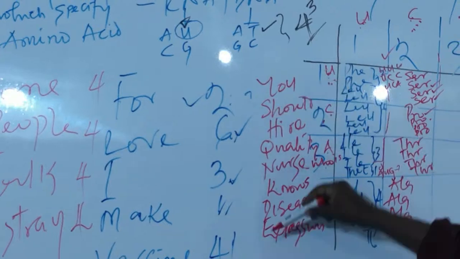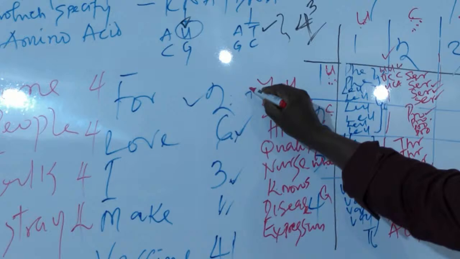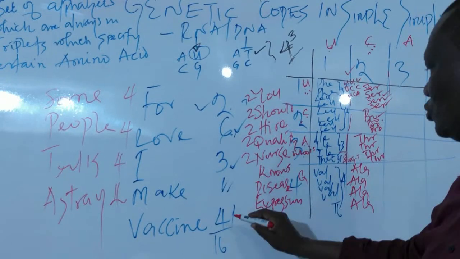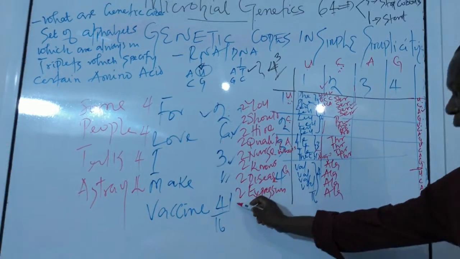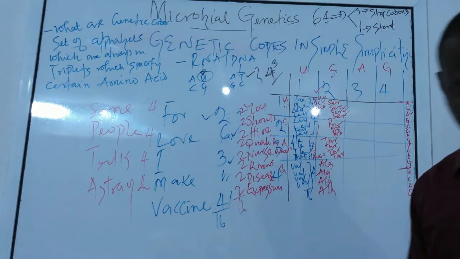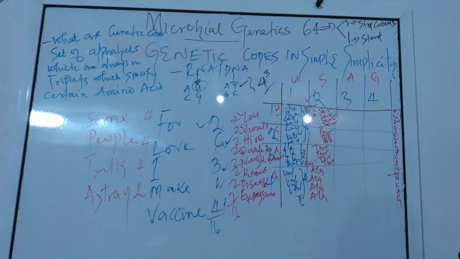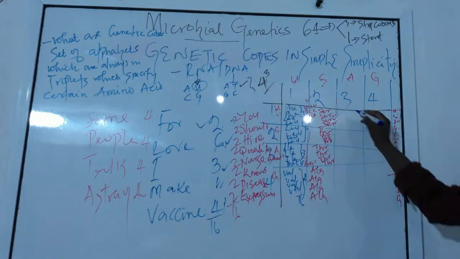So this is going to be 2 2 2 2 2 and 2. So when you add, it's still going to be 16. The next thing is to know what y is standing for. Our own y here is standing for tyrosine.